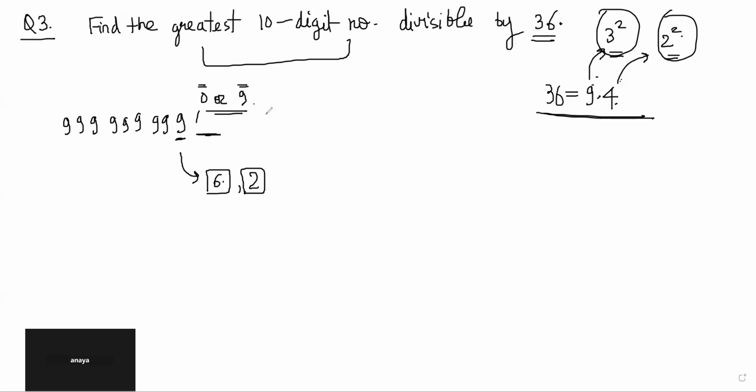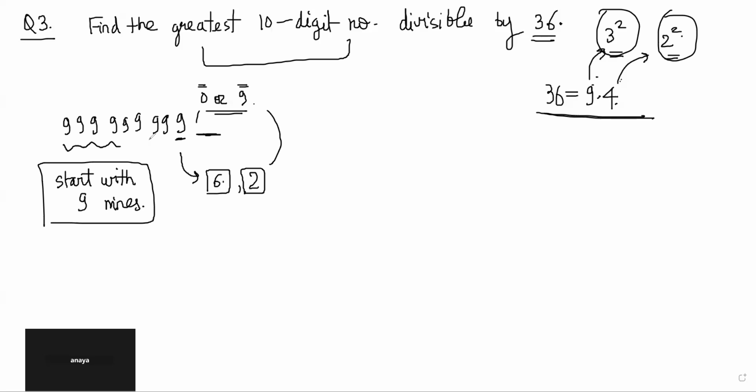So you clearly see that there is a contradiction. You can't fit both, right? So you cannot start with 9 nines. That is not working out for us. But the strategy is the same, because starting with nines is the way to make the biggest possible number, right? So if you can't do 9 nines, let's try 8 nines.